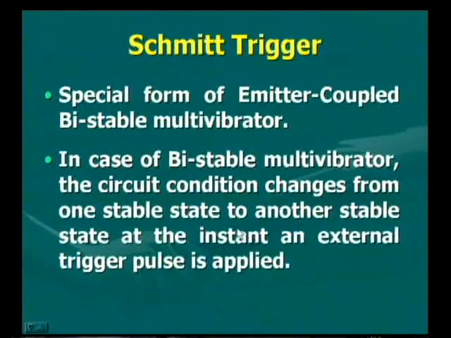Whereas in case of Schmitt trigger, the change of these states will be decided by the input signal. Two finite values of the applied input signal will make the circuit change from one stable state to another stable state. So Schmitt trigger is nothing but a bistable multivibrator.